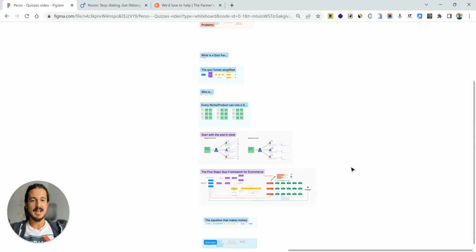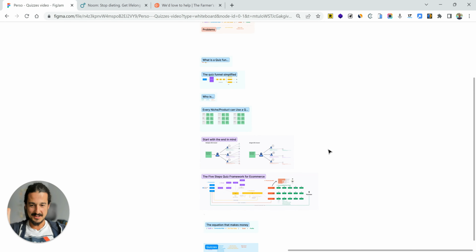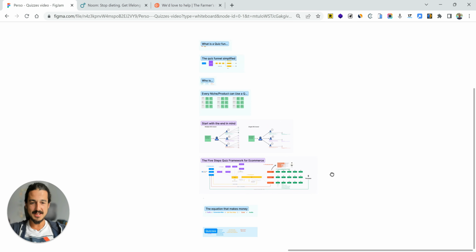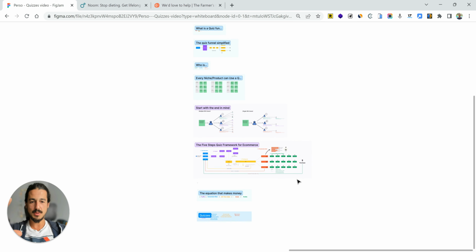Okay. At this point, you start having a little bit more understanding of the technique I was talking about, the quiz funnel for e-commerce.